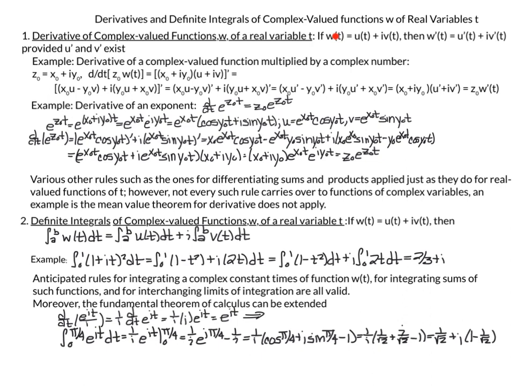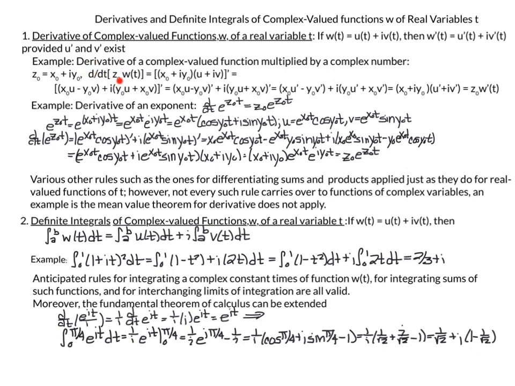Then the derivative of w(t) is equal to the derivative of u(t) plus i times the derivative of v(t). We did an example where we computed the derivative of a complex valued function multiplied by a complex number. So we assumed w was a complex function, and we multiplied by a complex number, and we wanted to take the derivative.